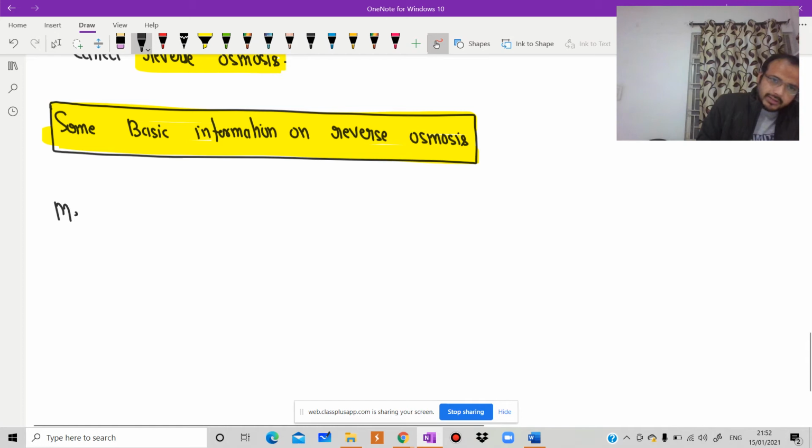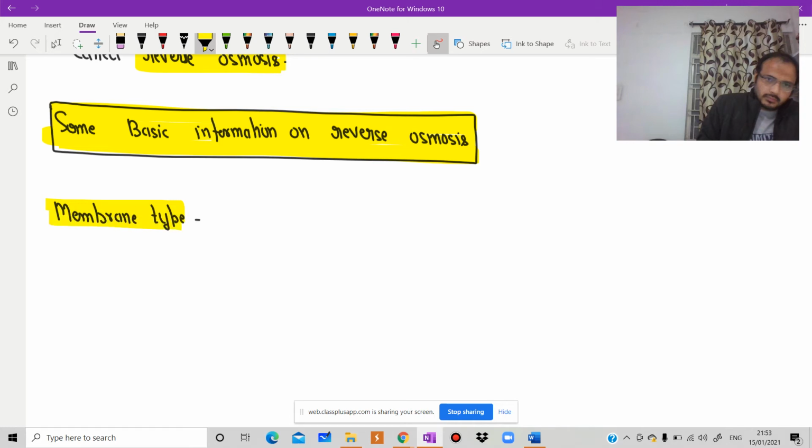Same headings. Membrane type: asymmetric or composite.